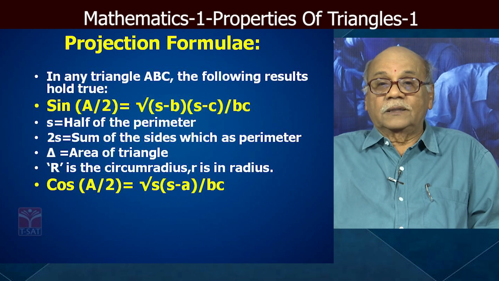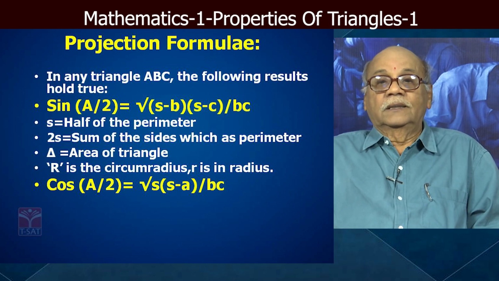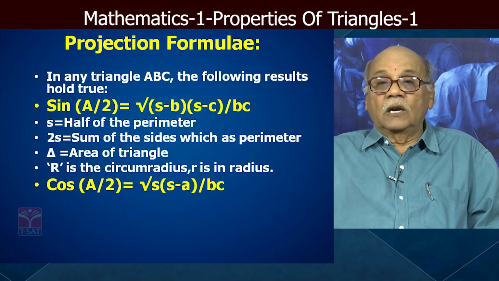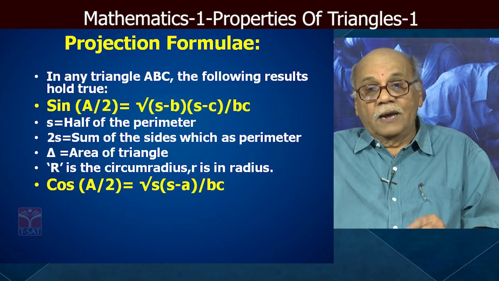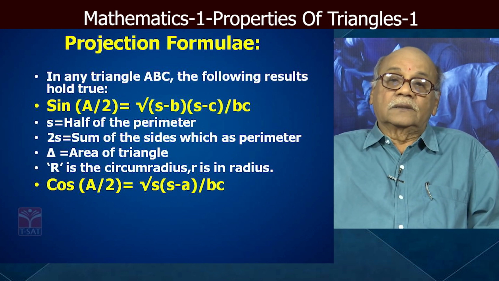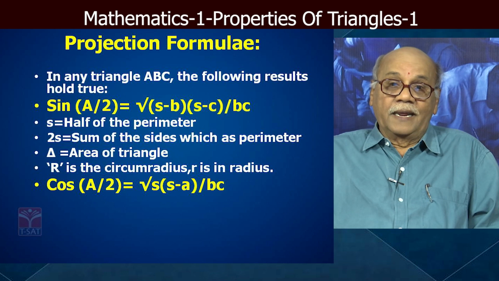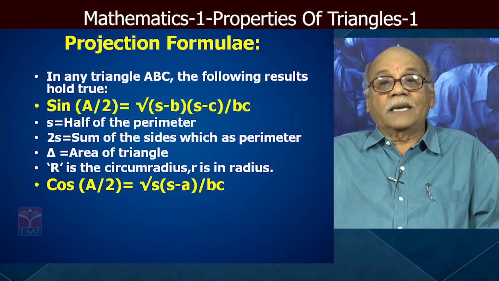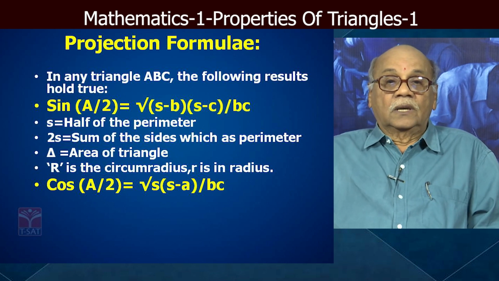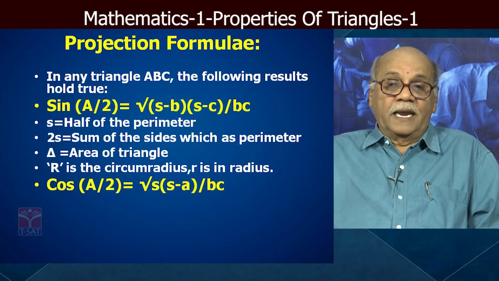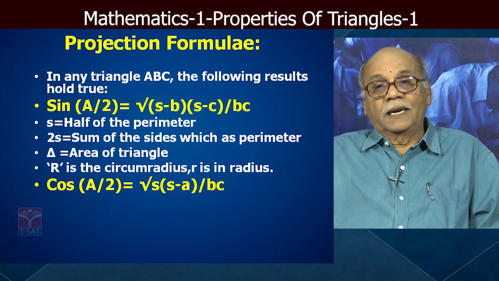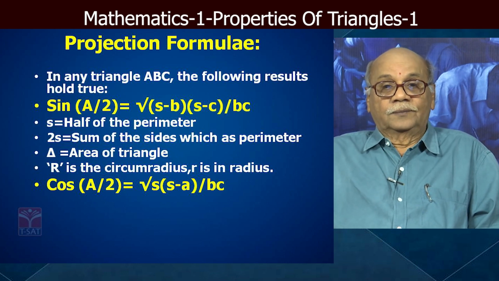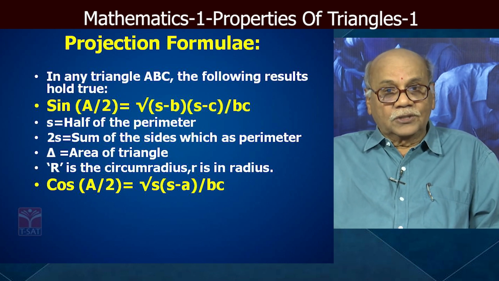See, in properties of triangles, the standard notation is 2s equal to the sum of the sides, which is the perimeter, and delta always represents the area of the triangle, capital R the circumradius, small r the inradius, and small r1, r2, r3 always represent the exradii of the triangle. So that is sin A by 2, sin B by 2, sin C by 2. Similarly, cos A by 2 is equal to square root of s(s minus a) by bc, and similarly cos B by 2 and cos C by 2.